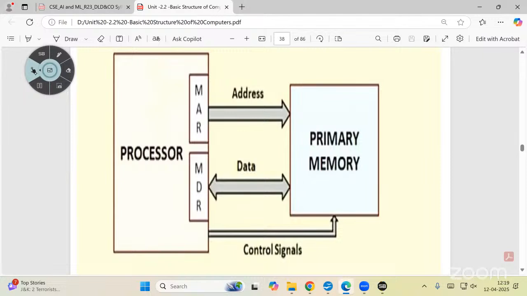Memory address register and the MDR, memory data register. Memory address register means that it is identifying the instruction memory.